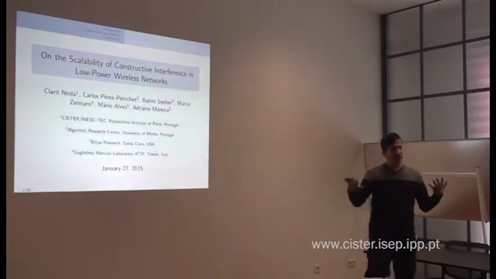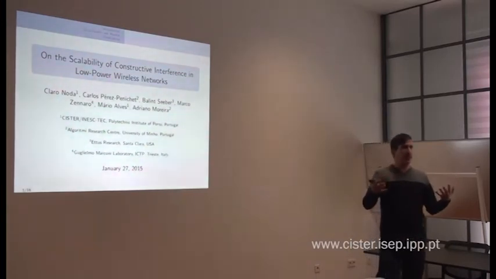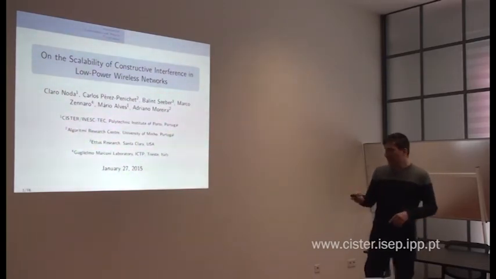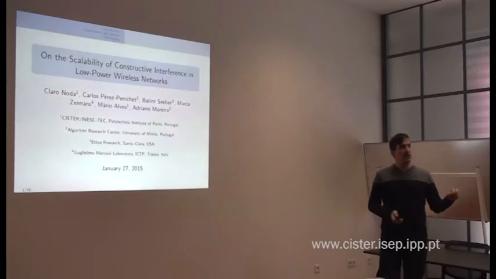But that is not always the case, and for that to happen, there is a set of parameters that have to be tuned appropriately. We're going to be looking into that today, in particular how it is used in sensor networks.